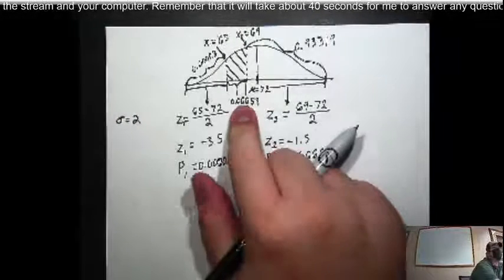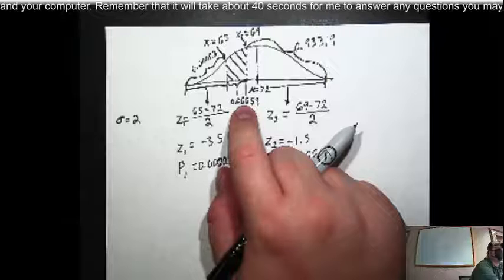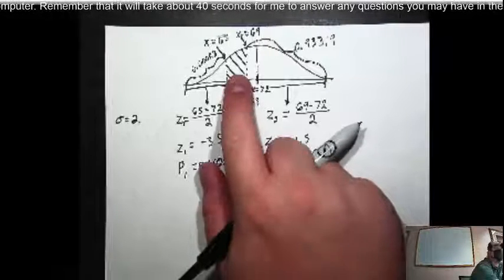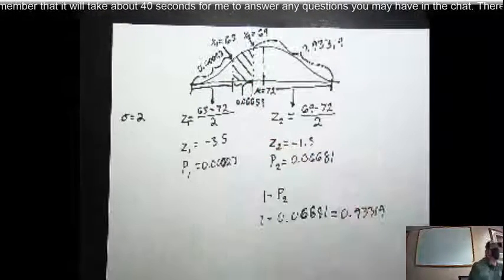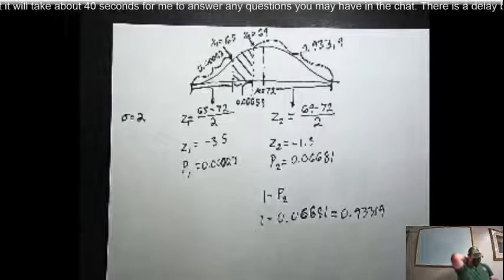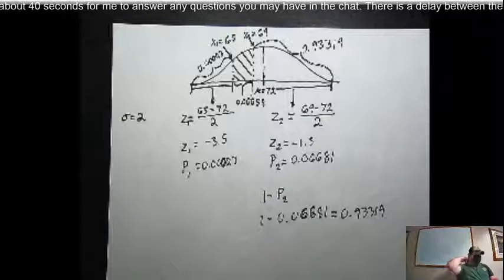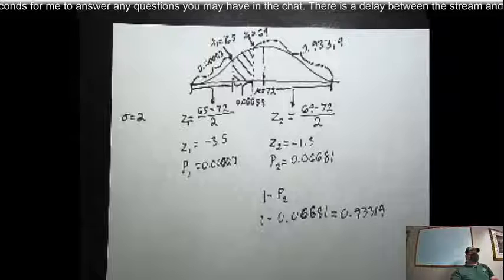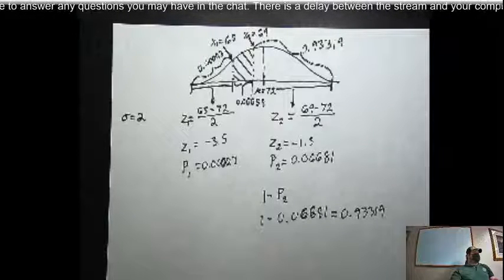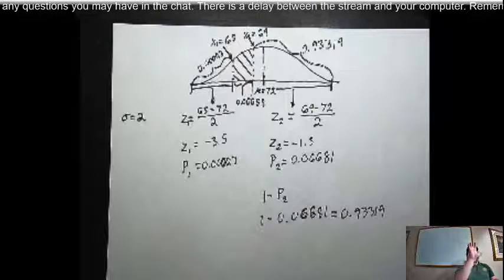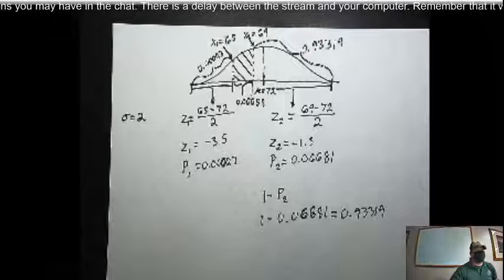So as a percent, that means that just over 6.5% of our data falls between these 2 points. Does that make sense? Okay. So that's one way of looking at it.